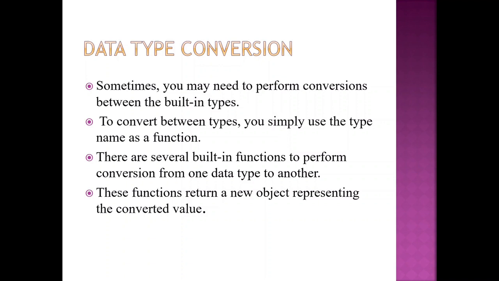Python provides a feature for that, data type conversion, in which we can convert an element of one data type into an element of another data type. For example, we can convert a string to an integer, or an integer to a float.